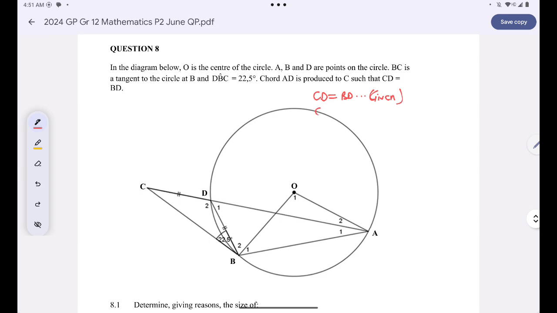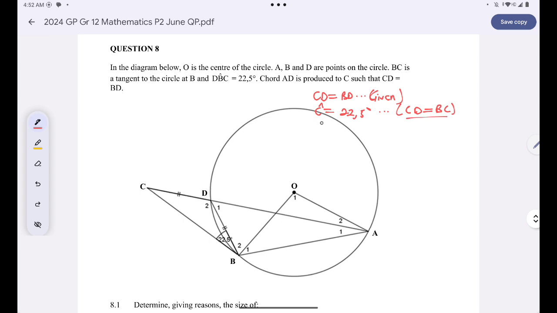I can therefore conclude that angle C is also equal to 22.5 degrees. The reason is because we have an isosceles triangle, and this fact is the one that makes this triangle isosceles. This fact. Right, together.